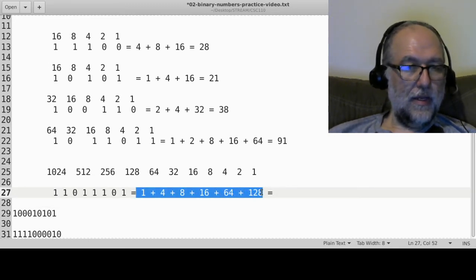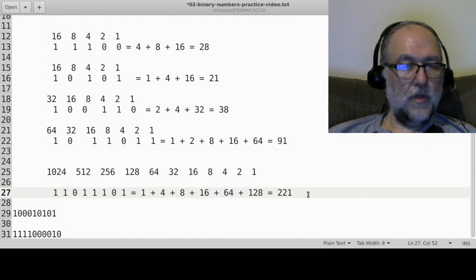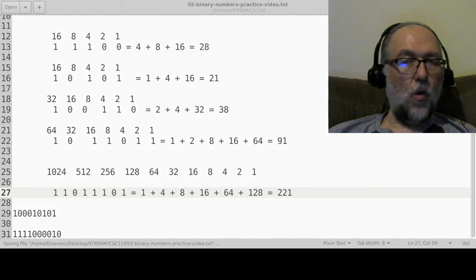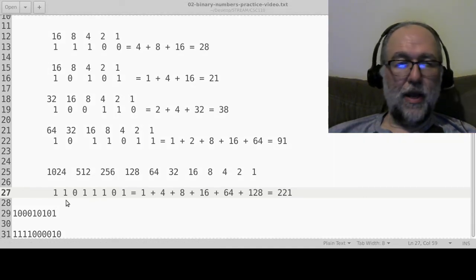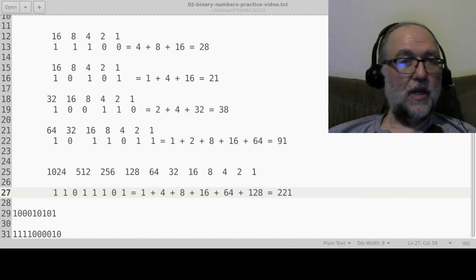And let me just add this up on my calculator. That is the number 221. Okay, so once again, the binary number 110111101 is equal to 221.